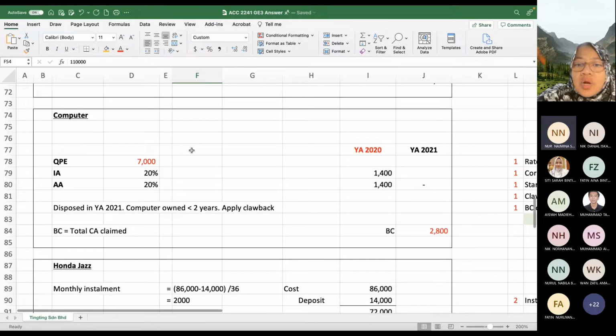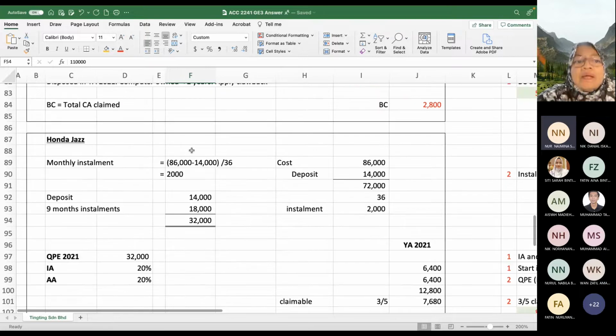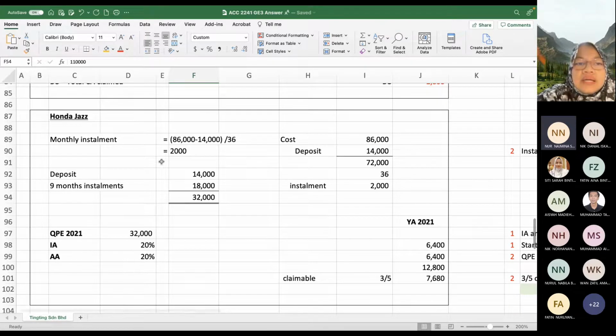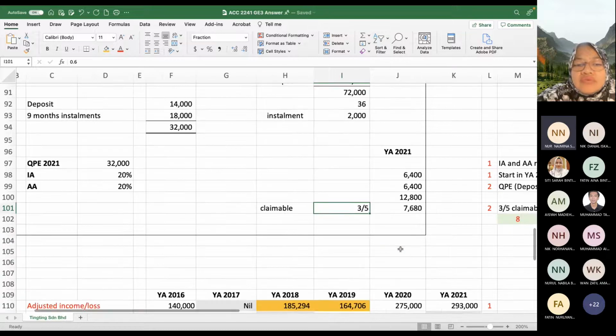In this case there is a clawback issue, so check if it's within the 2 years period, you have to claw back if it's without commercial justification. And then again, this one is an installment payment. The difference here is that 2/5 is for personal usage, so whatever you claim is only on 3/5 of that.